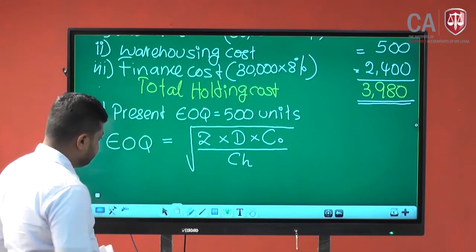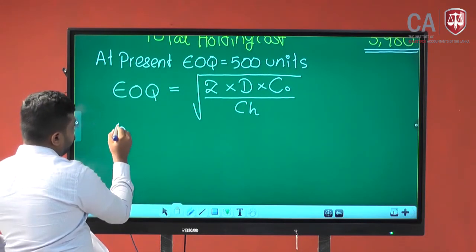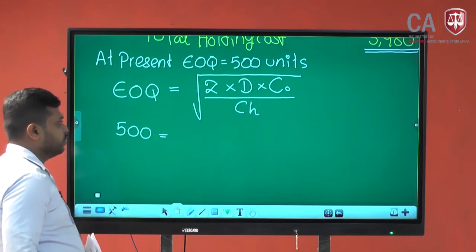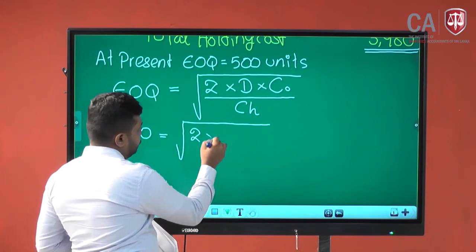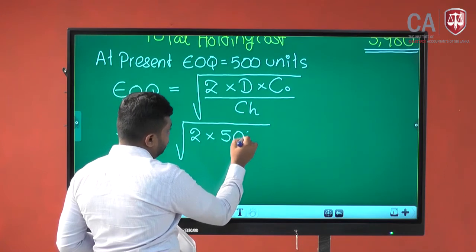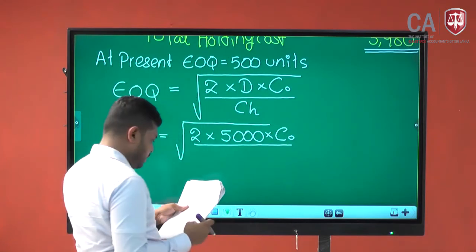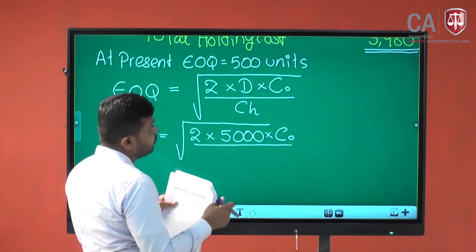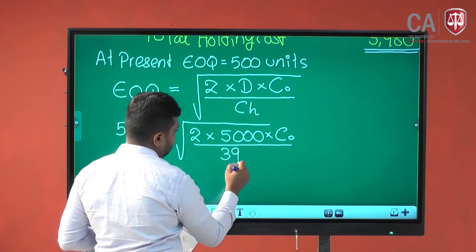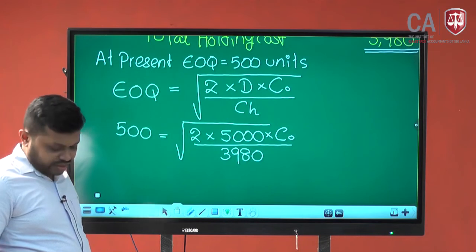Now we have the economic order quantity, that is 500, equals root of 2 into annual demand, which we know is 5,000, into cost of ordering, which we do not know, divided by cost of holding, which we have already found, 3,980. The answer equals 500.